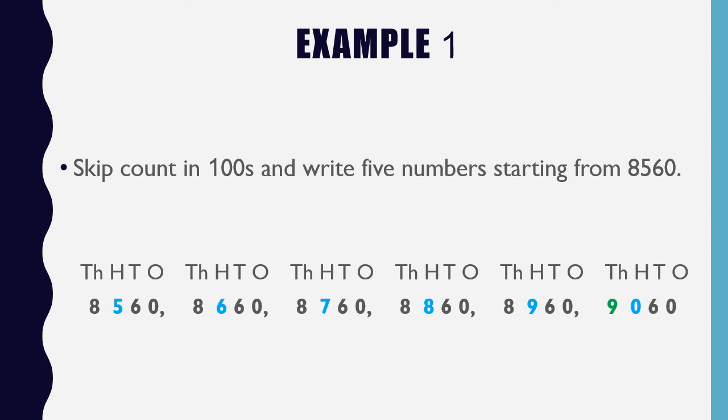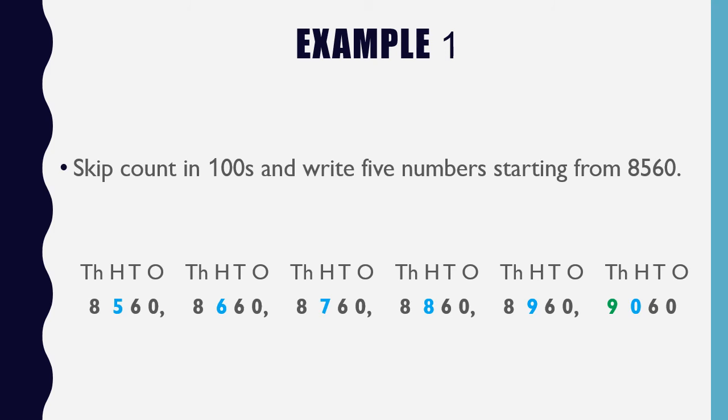8660. Next one, 8760. The next one is 8860. Next one is 8960. Now look closely at the last number. You see that for the last number, changing hundreds has also changed thousands.